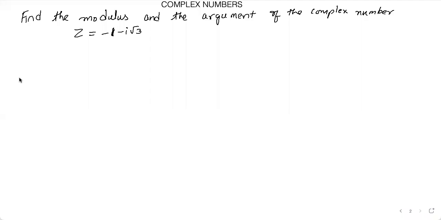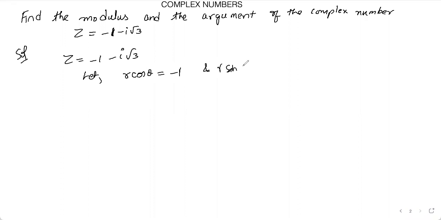Let us find the modulus and the argument of z. We have been given this, right? So let us consider r cos theta as minus 1, and r sine theta as minus root 3.